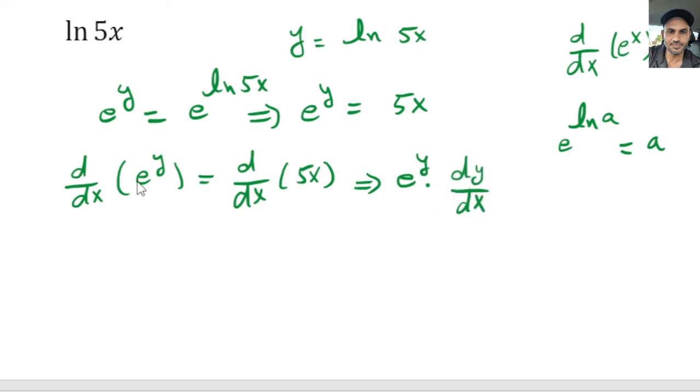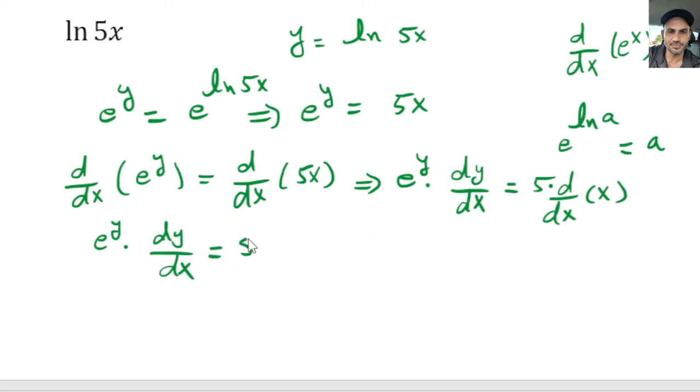Basically we're applying the chain rule: the derivative of e to the u is e to the u times du over dx, and u is y. On the right hand side, 5x is 5 times the derivative of x. So we get e to the y times dy over dx equals 5 times 1, which is 5.